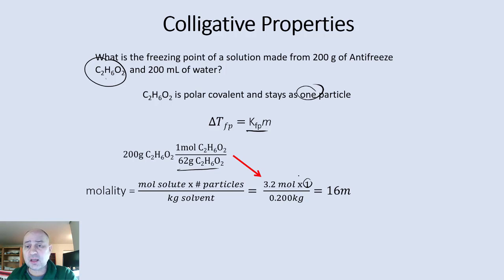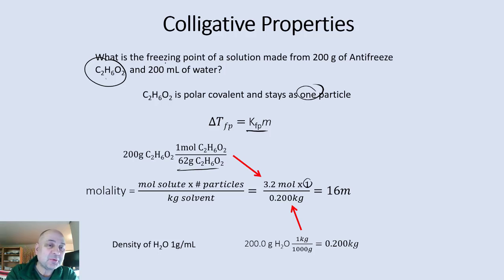Of course, 200 grams of antifreeze, actually I'm talking about water now, right? Our solvent, 200 milliliters of water with a density of 1 gram per milliliter turns into 200 grams of water. And convert to kilograms, that's 0.200 kilograms.